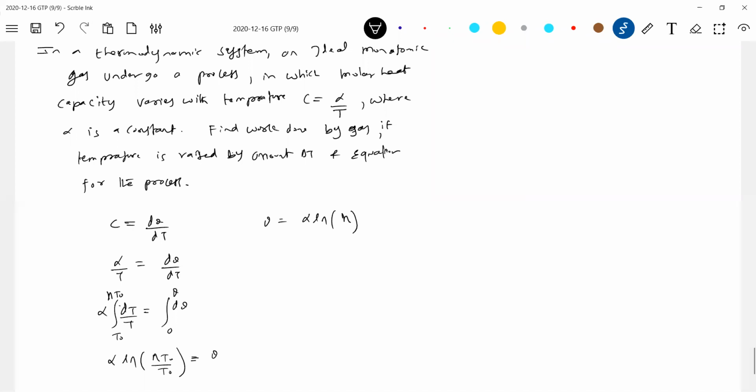I think I should define this alpha eta differently. If the temperature is raised by an amount eta, I'll write eta. Earlier temperature T naught has become eta times more.